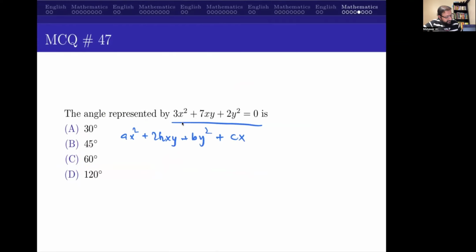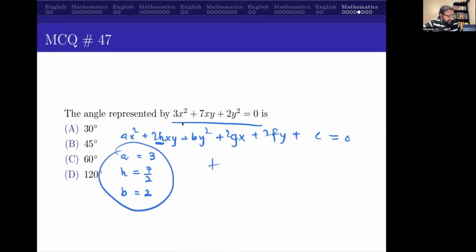I don't know exactly, but this is a standard form when you compare. So when you compare, you'll get the value of a equals 3. And when you compare 2h is equal to 7, then you get h is equal to 7 by 2 and b is equal to 2. So we want only these values, and we can find angle by using this formula.